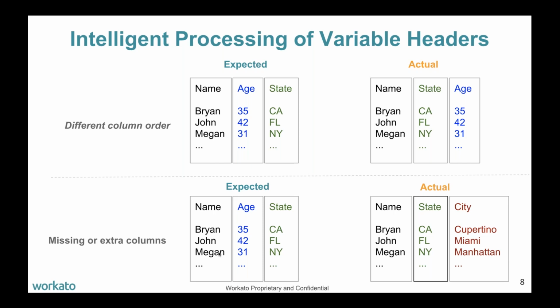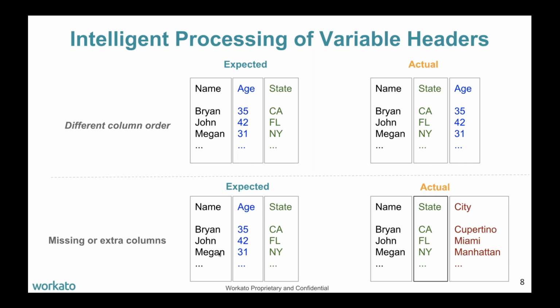And here's where Vocado comes in. We make it easy to work with different kinds of situations. When you're receiving a CSV file with a different column order, we can recognize it by the header name and be flexible with where we're reading data from. Or it can also be CSV files that have unexpected columns, or missing columns within the CSV.